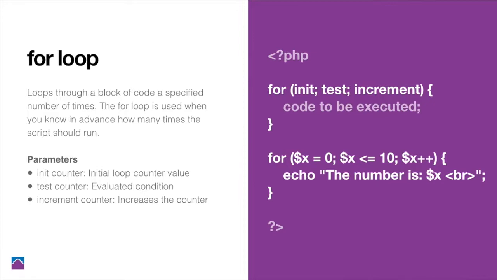In this case, as an example, it's 10. And then notice that they're all separated by a semicolon, so you're ending the statement every single time. And then the last parameter there is how you increment it. That way it just keeps going, essentially.